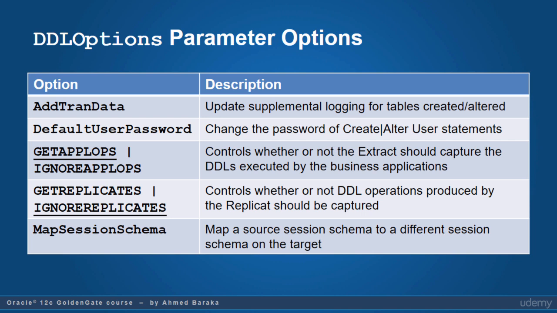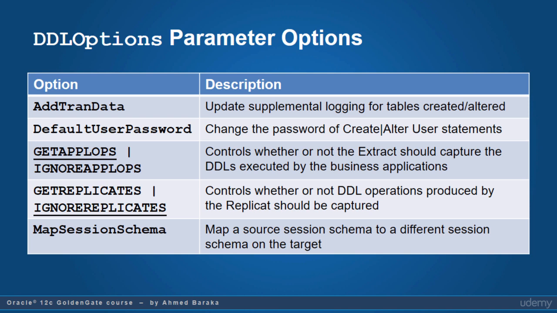Get apps ops and ignore apps ops options control whether or not DDL operations produced by the applications should be captured by the extract. The get replicates and ignore replicates options are valid for only the extract process.